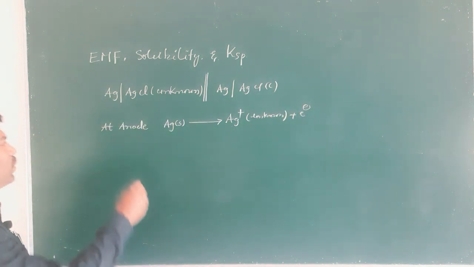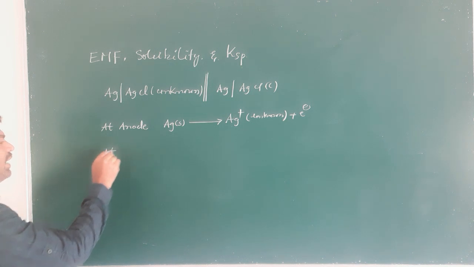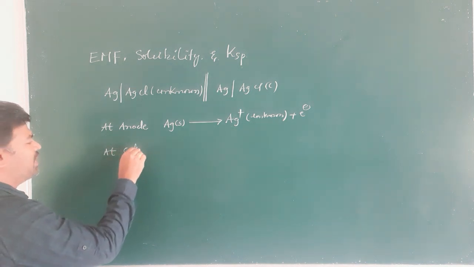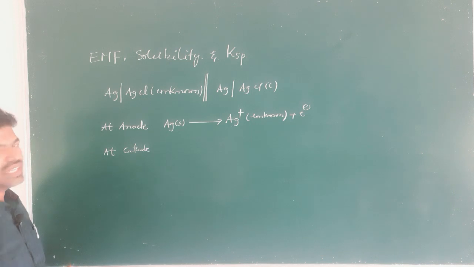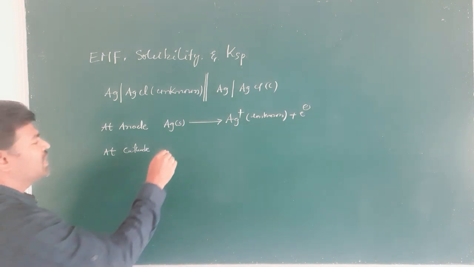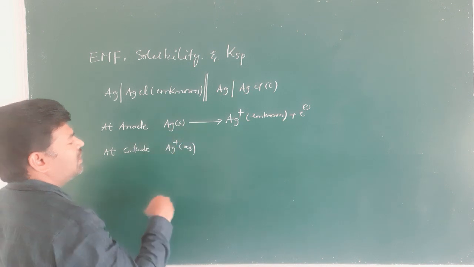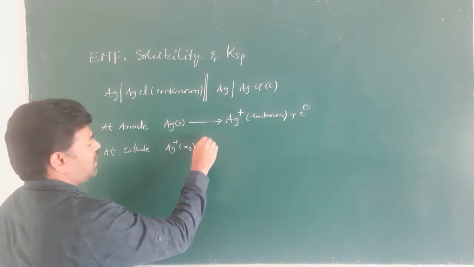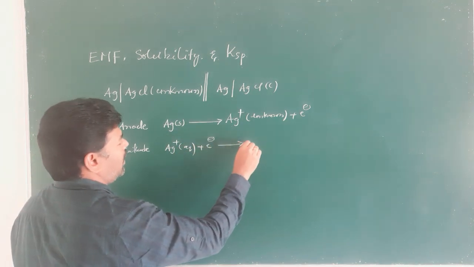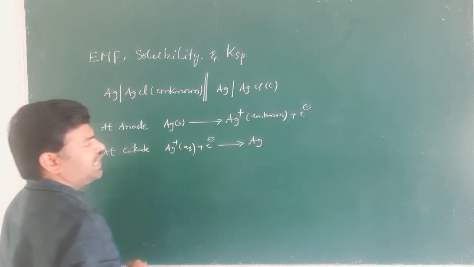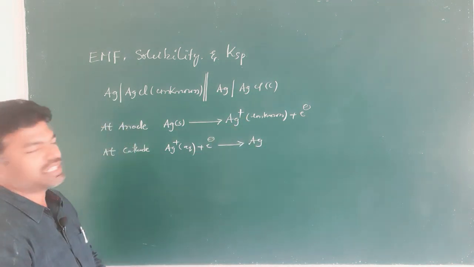And at cathode, reduction takes place, that is Ag plus aqueous plus electron gives rise to Ag.